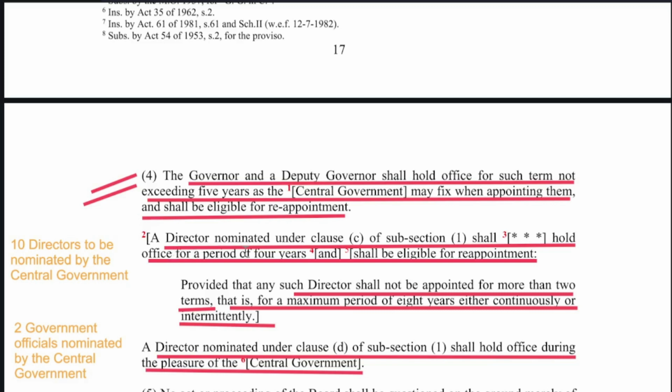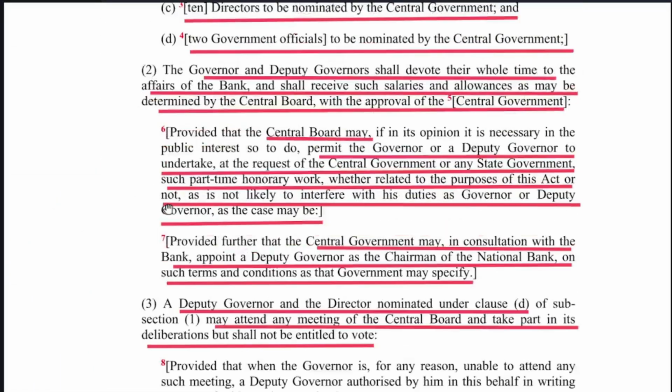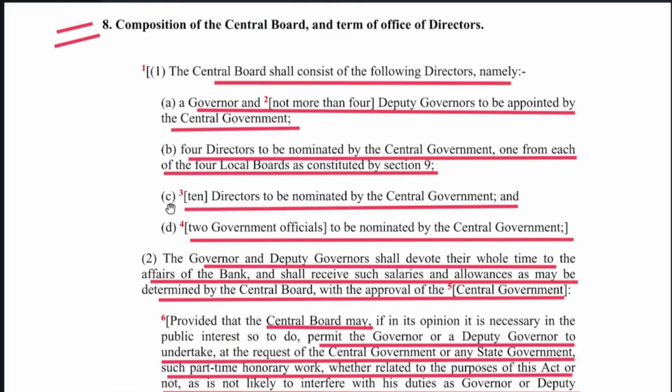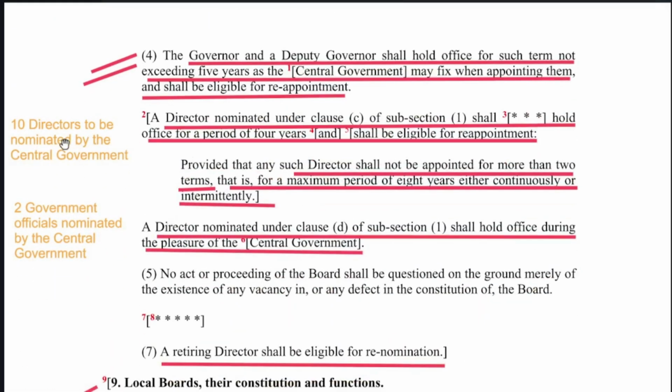With respect to the director nominated under clause C, what is this clause C related to? This is related to 10 directors to be nominated by the central government. If you look at clause C over here, 10 directors to be nominated by the central government. They shall hold office for a period of 4 years and shall be eligible for reappointment.